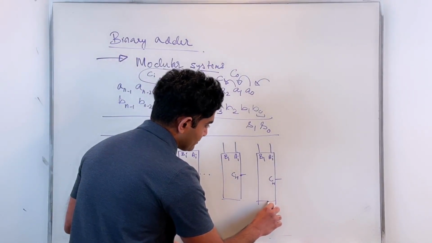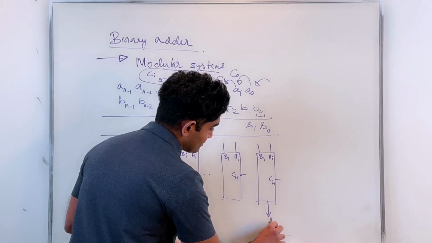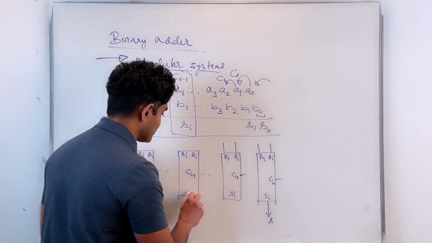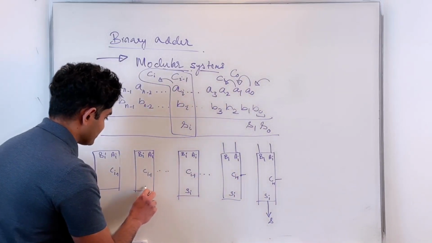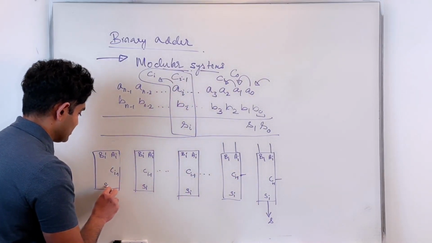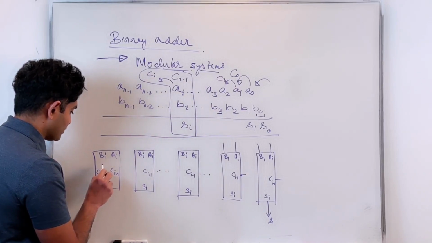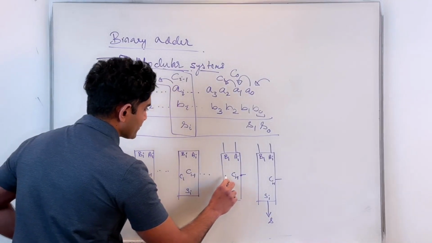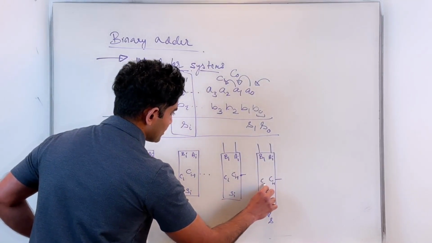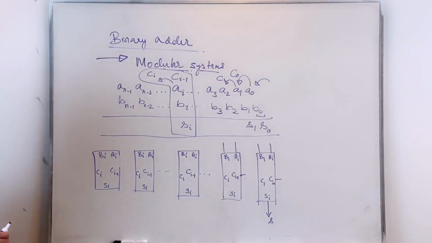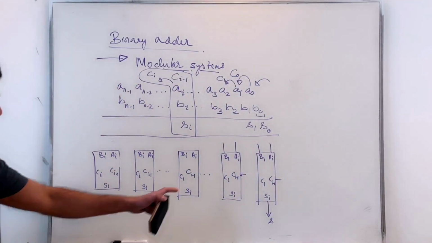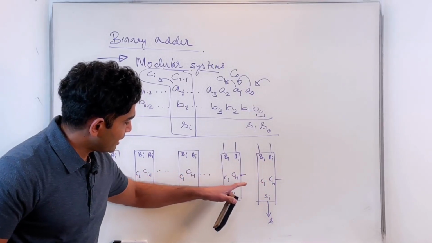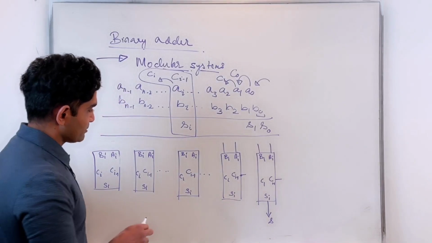Each of my modules will have two outputs, SI and CI, right? I have n of these. Those are my inputs, AI, BI, and CI minus 1, and these are my outputs, SIs.